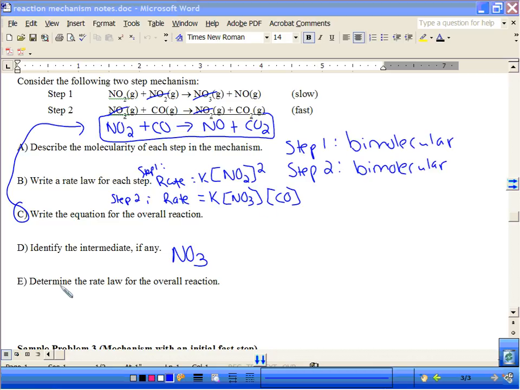Now this is what it says, determine the rate law for the overall reaction. Now unfortunately you were absent, so you missed a little demo that I did, but you can only be as fast as your slowest step. A good example, some of you do cross country or know about cross country: there's a team and 5 run for the team score.